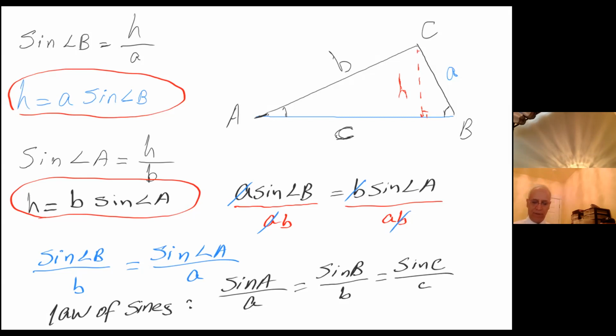Some of you are probably thinking, wait a minute, with fractions, if I have 1 over 2 equals 2 over 4, isn't it also the case that 2 over 1 equals 4 over 2? And the answer is yes.